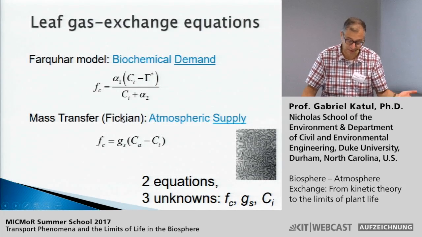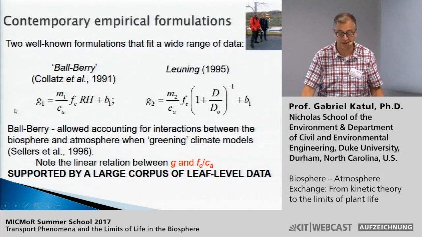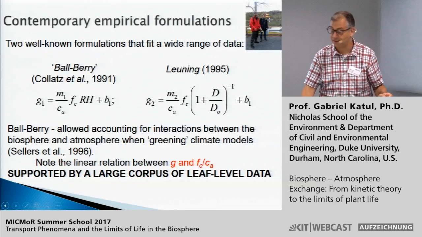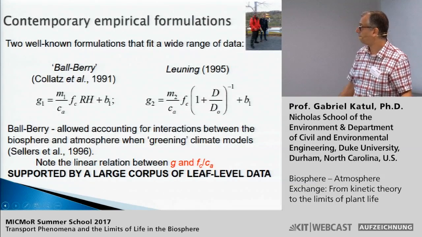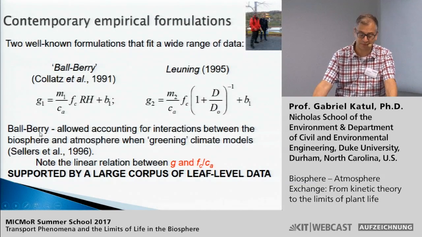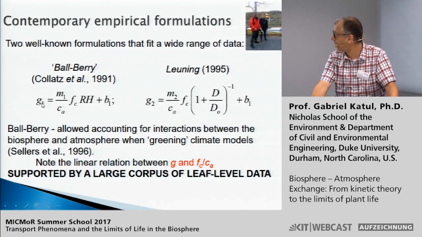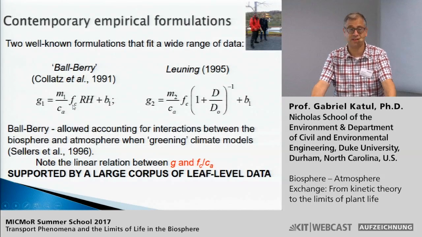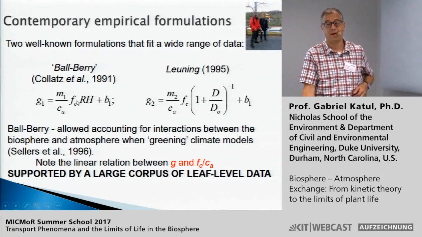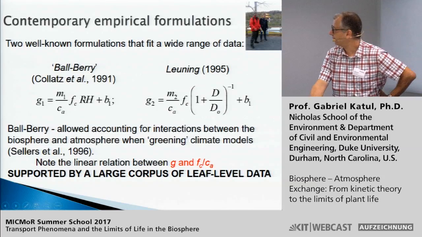One approach to do that is you could say, hey, there is a wealth of empirical data that supports the argument that perhaps the stomatal conductance must be proportional to photosynthesis. After all, stomates are opening to uptake CO2.